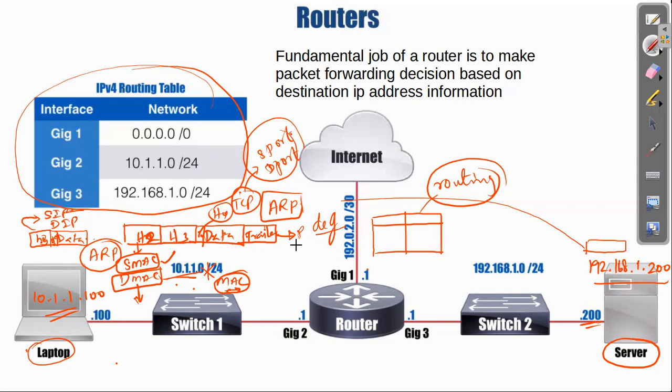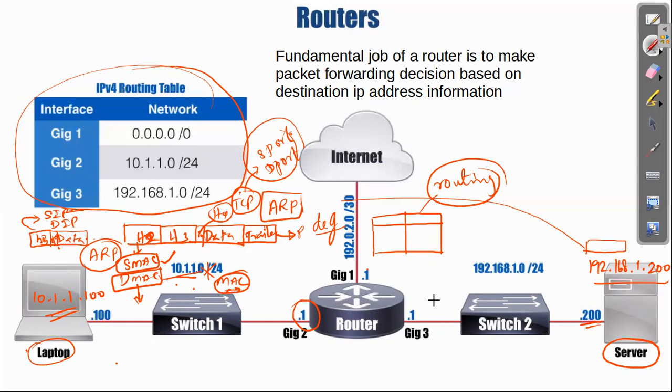Why? Because both addresses are in different networks. So it has to send the packet to the default gateway.